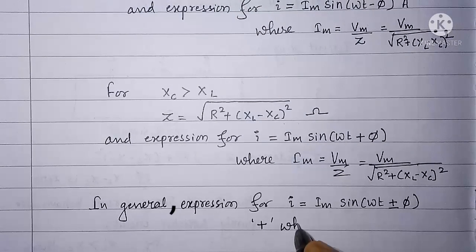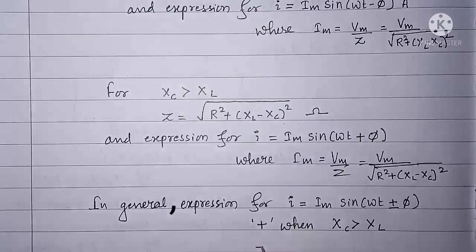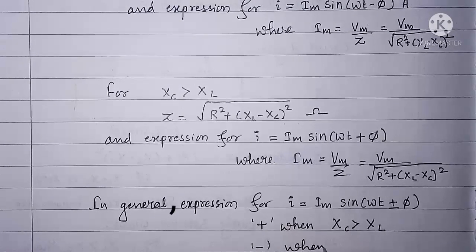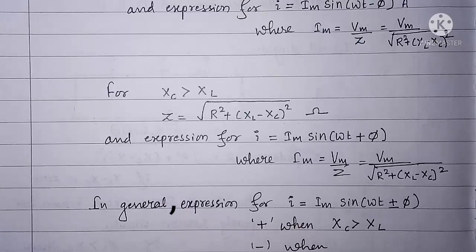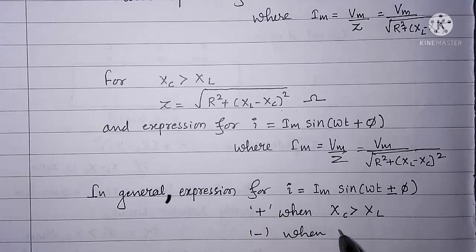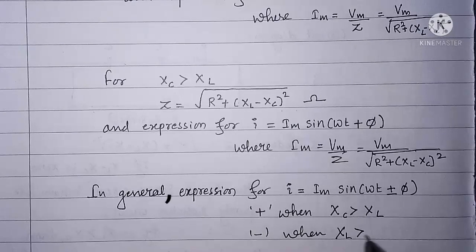Plus sign is to be taken when XC is greater than XL, and minus sign is to be taken when XL becomes greater than XC.